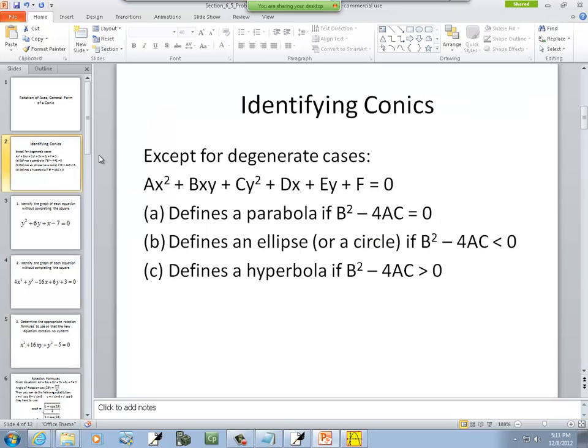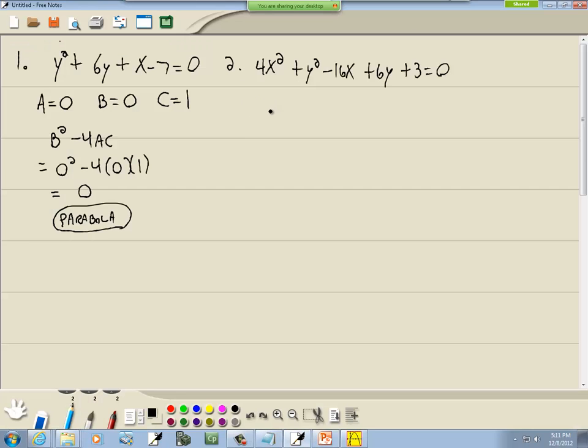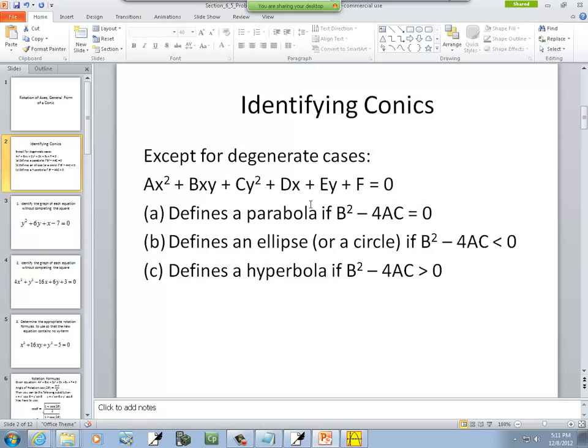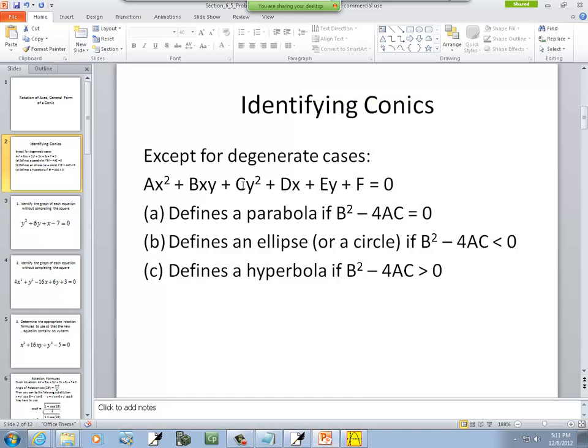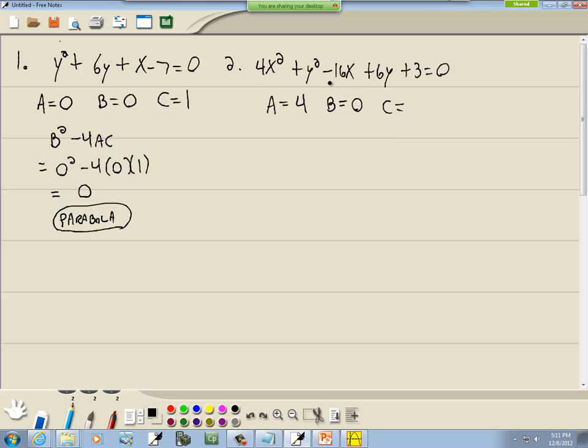Okay, we need a, b, and c. A is what's before x squared, which is 4. B is what's before xy, which is 0. And c is what's before our y squared, which in this case is 1.